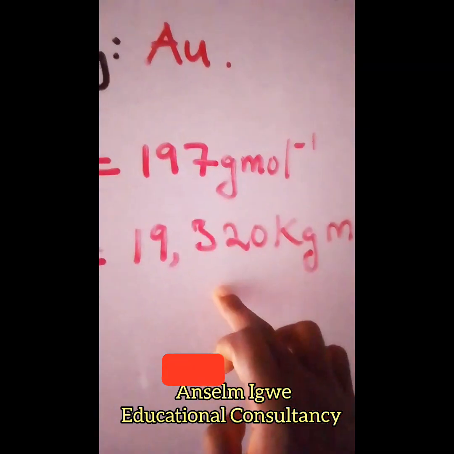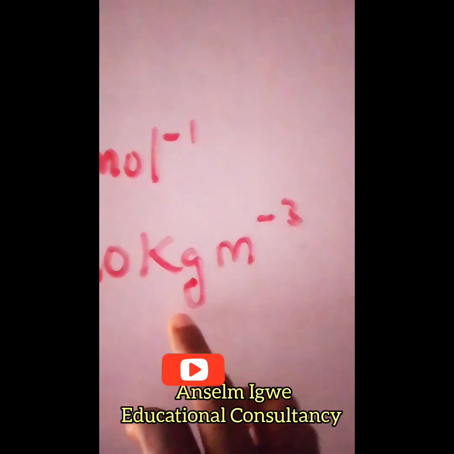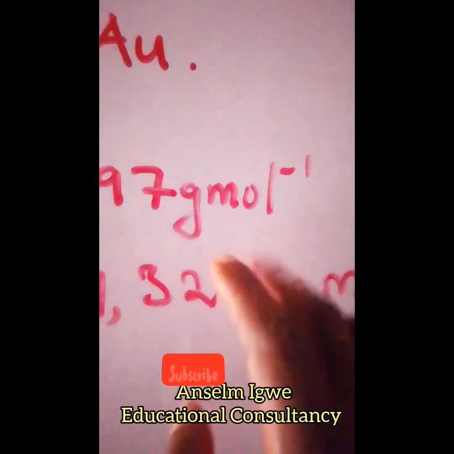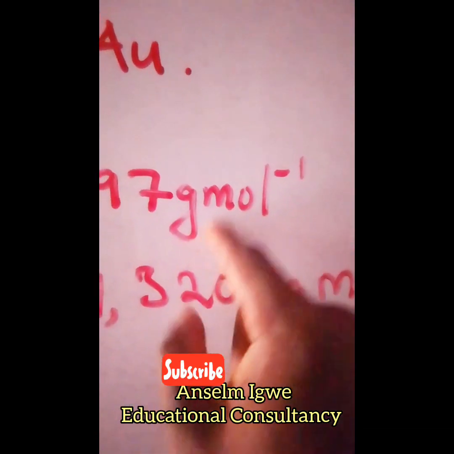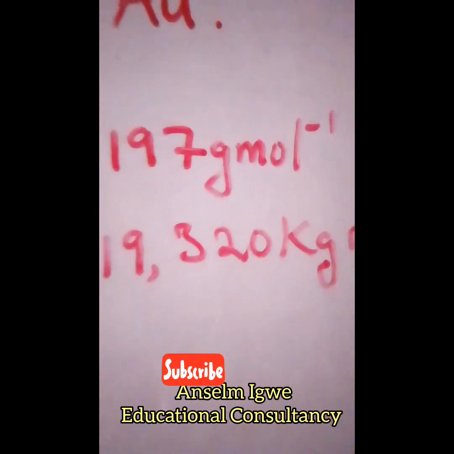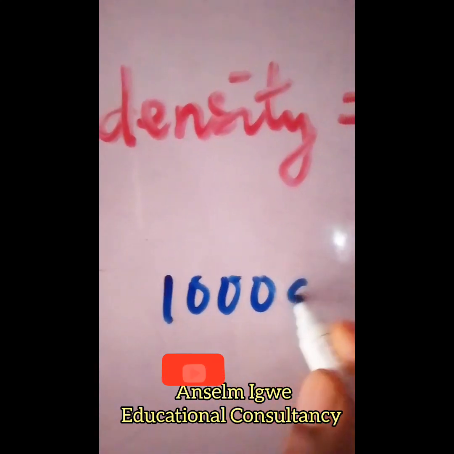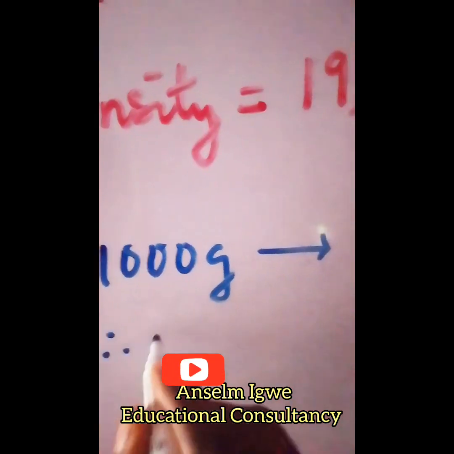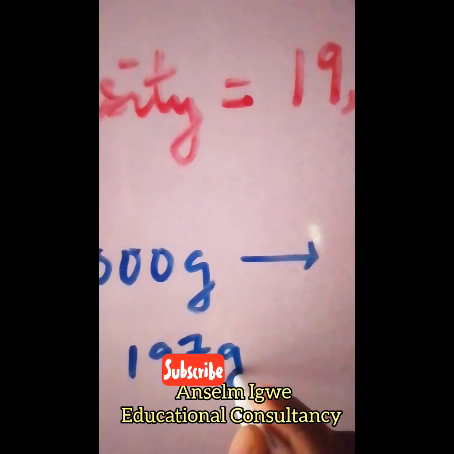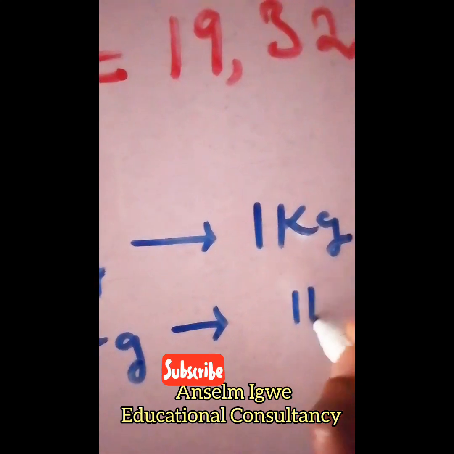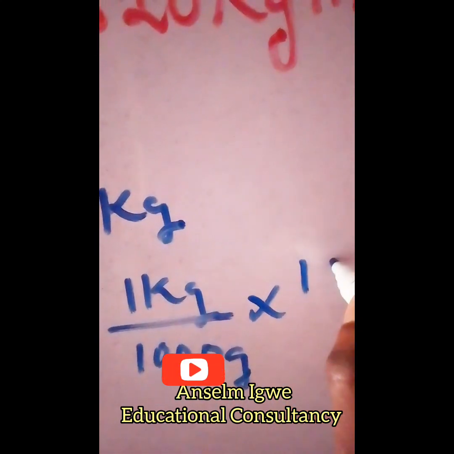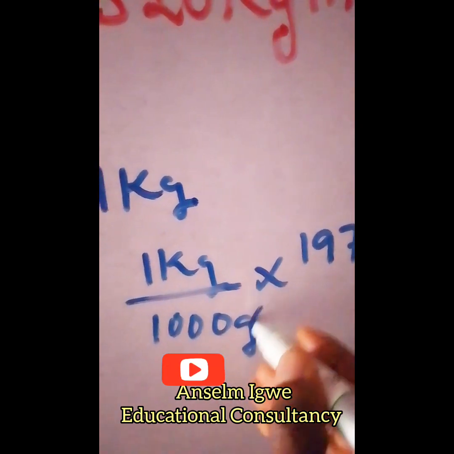Now look at these two. The density is in kilogram per meter cube, while the molar mass is in gram per mole. So this gram and kilogram cannot work. We convert the gram to kilogram. You know that 1,000 grams is equivalent to 1 kilogram. Therefore, 197 grams of gold will be equivalent to 1 kilogram divided by 1,000 grams times 197 grams.